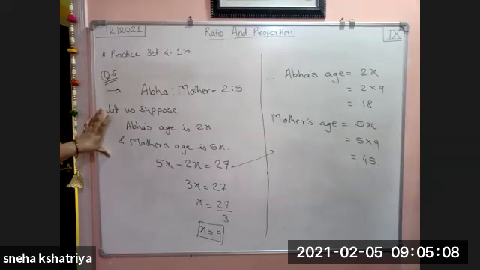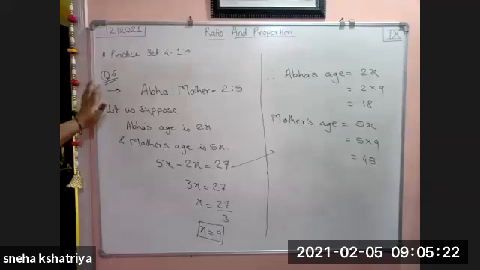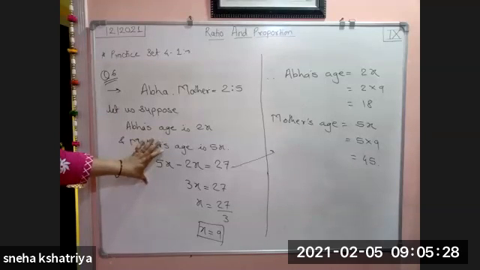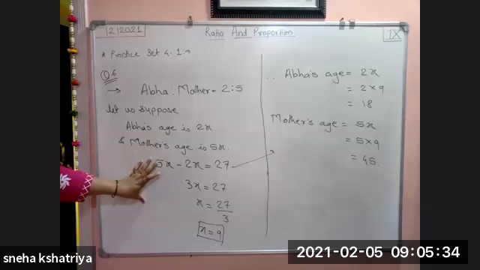All these questions will come under 1 mark. Whatever questions we have learned till now in practice set 4.1, from question number 1 to question number 6, will come for 1 mark. Even a lengthy question will come for 1 mark because these are simple calculations.